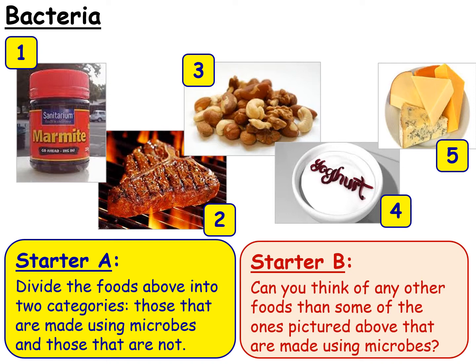I'd like you to divide the foods into 2 categories, those that are made using microbes and those that are not. For starter B, I'd like you to think of any other foods, apart from the ones pictured above, that are made using microbes. So if you'd like to pause the video now and have a go at doing that, please.